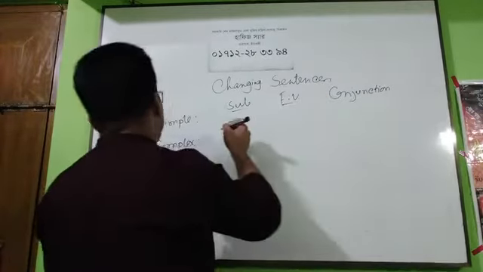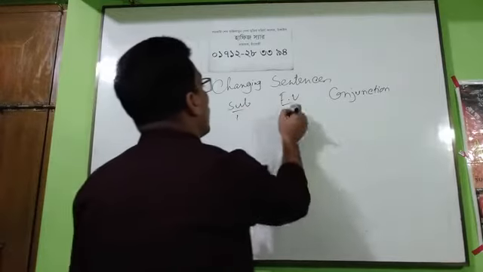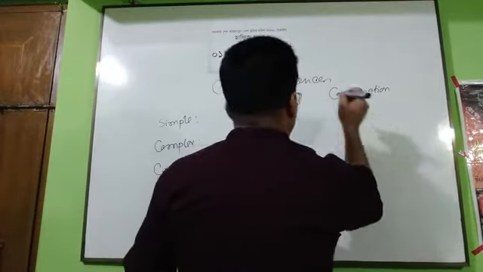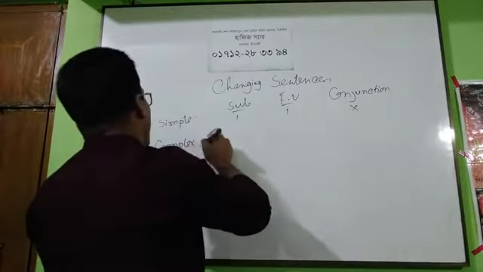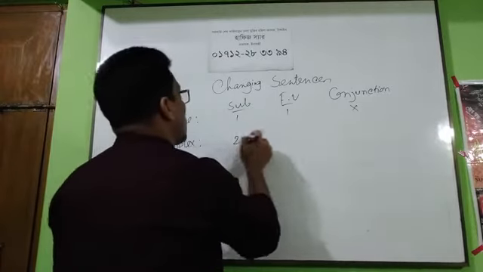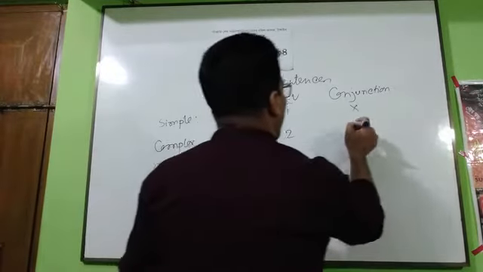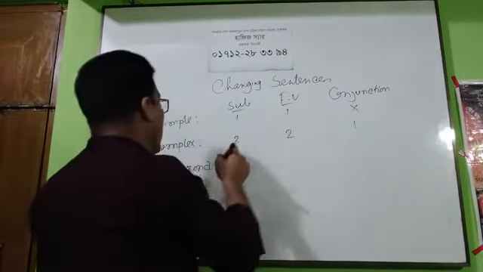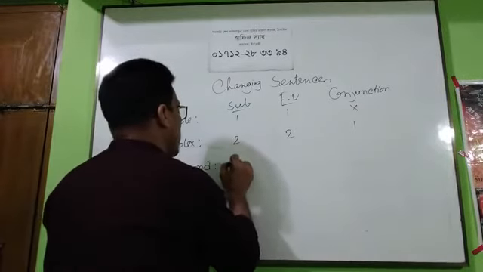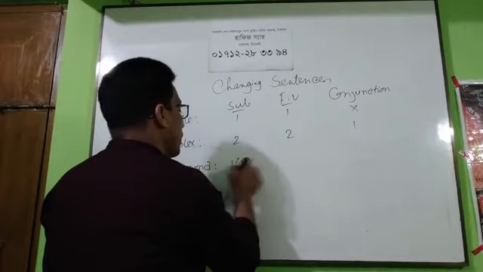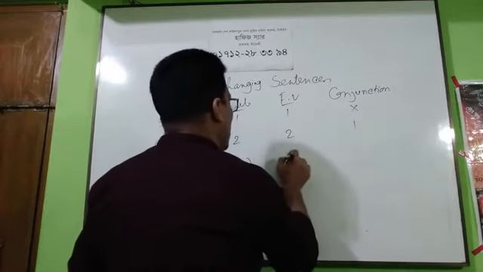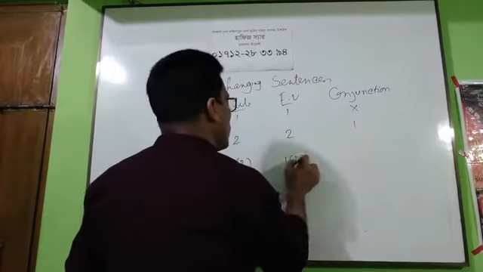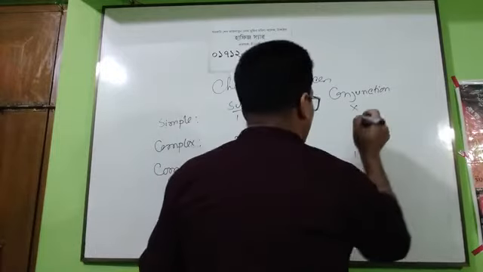Simple has one subject, one finite verb, no conjunction. On the other hand, the complex sentence has two subjects, two finite verbs, and one conjunction. And compound, subject may be one or two, and finite verb also may be one or two, and one conjunction.